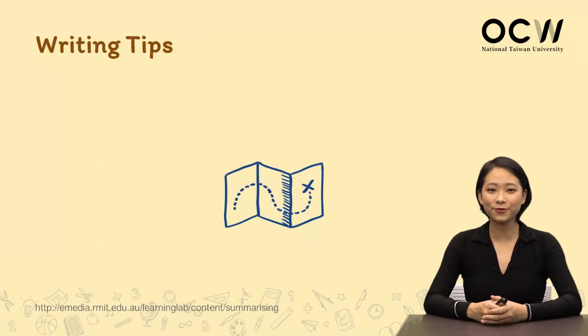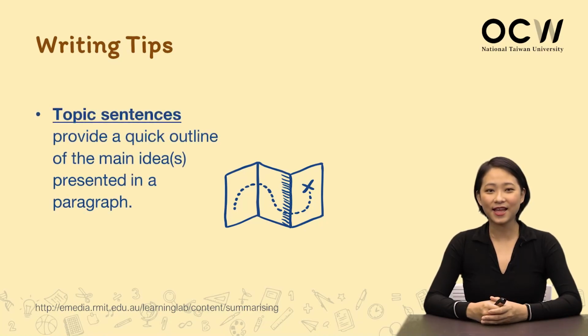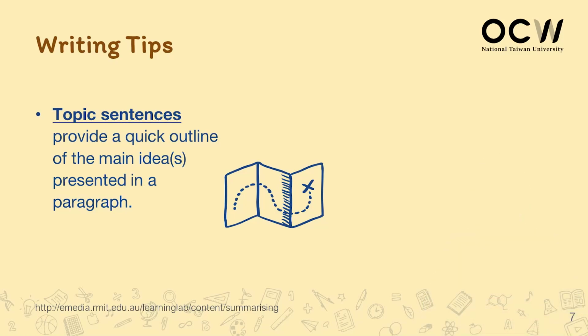Some of the writing tips that we, AWEC, can provide to you is that you need to first identify the topic sentence of each main argument. Now, why is a topic sentence important? Essentially, the topic sentence is the main idea of each paragraph or even each chapter. This topic sentence outlines the major detail that will be later presented in this particular paragraph.